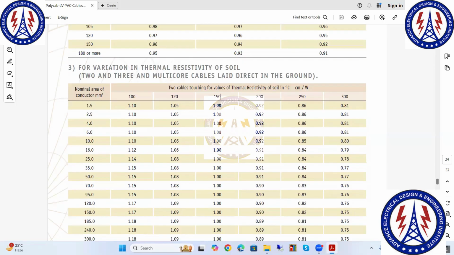Okay. Further derating factors we should calculate? No. See, your client will give you 200 or 250, it is directly mentioned. Then you need to multiply by 0.91. The client will provide you this value: what is the thermal resistivity of their plant soil?